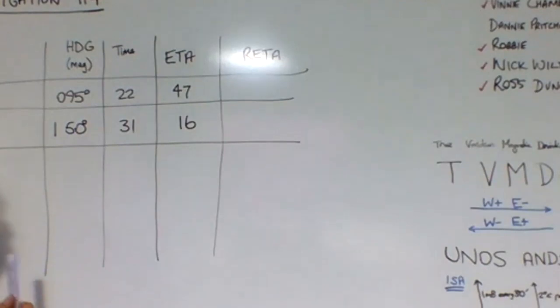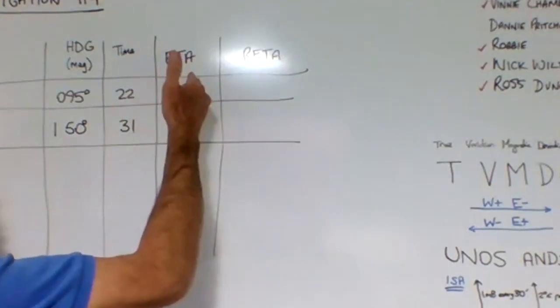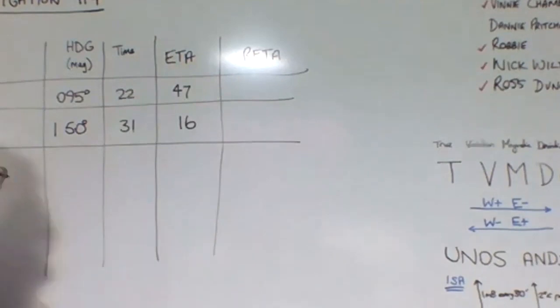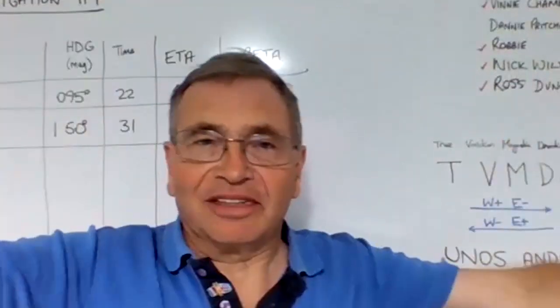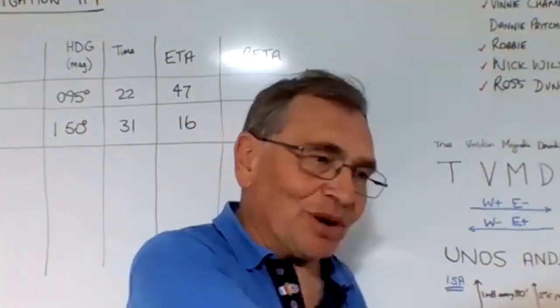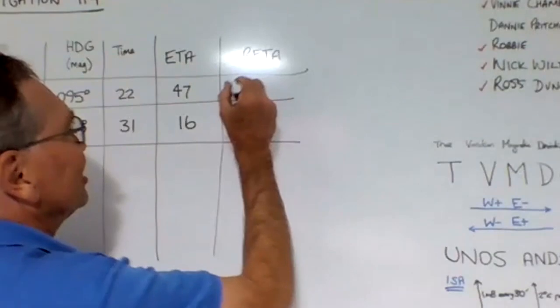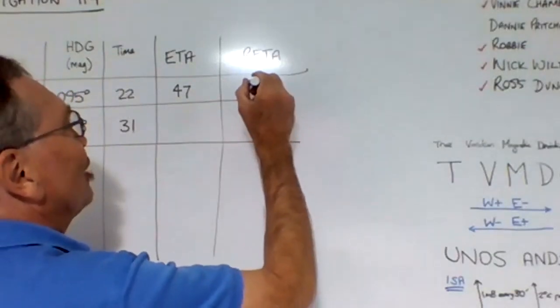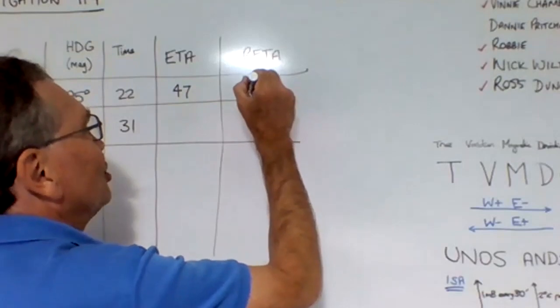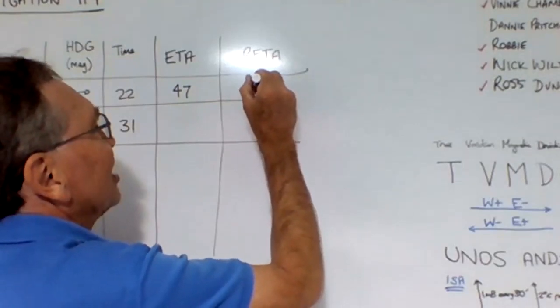And then I said, so what we do is, as we're getting close to 47, we would start looking around for our waypoint. And when we actually got to our waypoint, we'd update our actual time of arrival, which could be anything, which could easily be, say, 47.